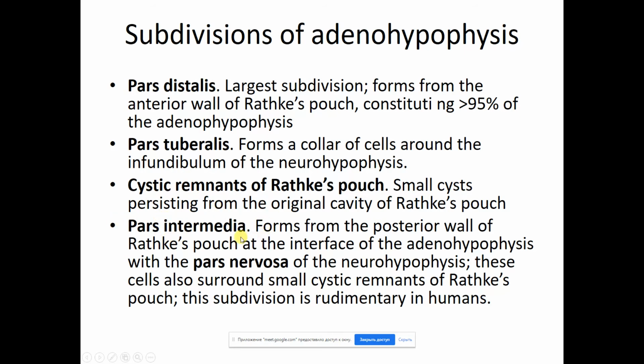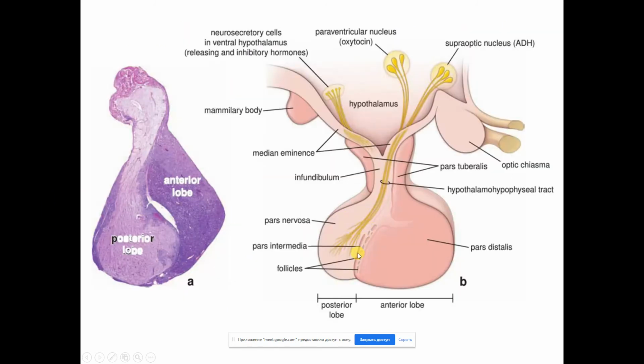Then pars intermedia. Pars intermedia forms the posterior wall of Rathke's pouch. Everything that is present more anteriorly is adenohypophysis, and more posteriorly it is also adenohypophysis, but it forms the pars intermedia.